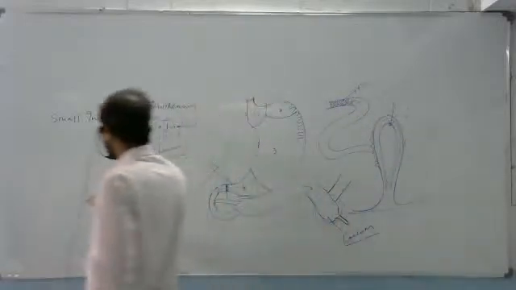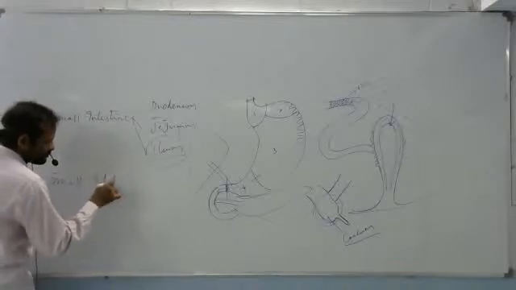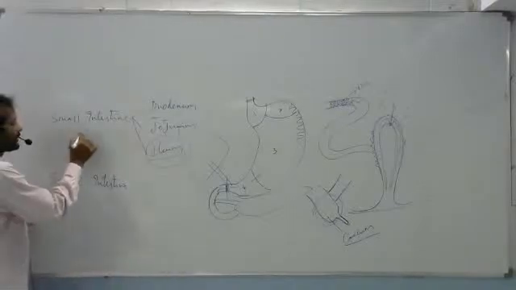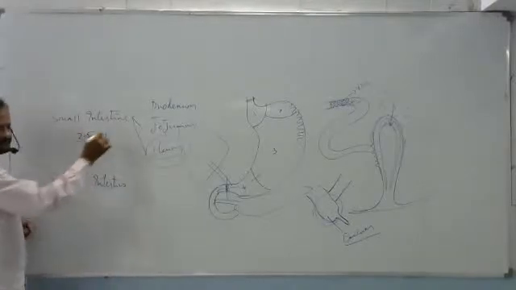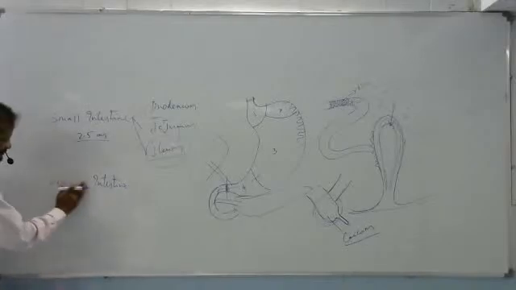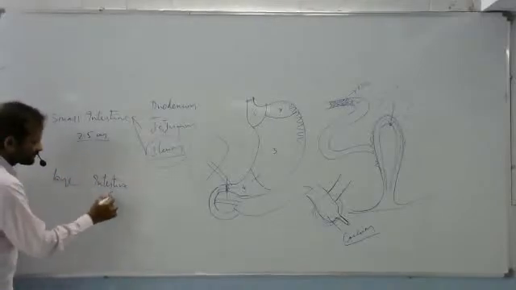And the continuation of this cecum, the next part. You know the diameter of the small intestine is 2.5 cm. The diameter of the large intestine is 6.5 cm.